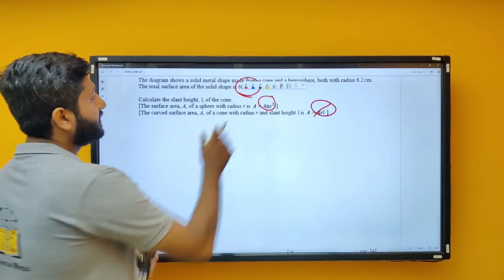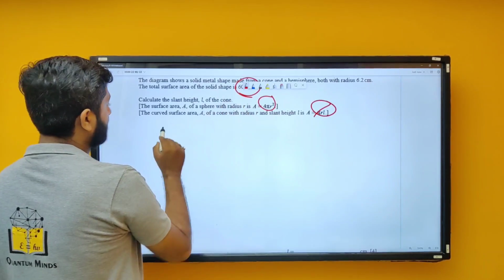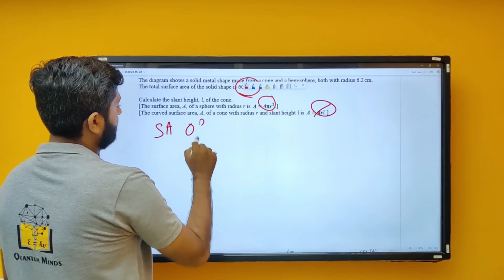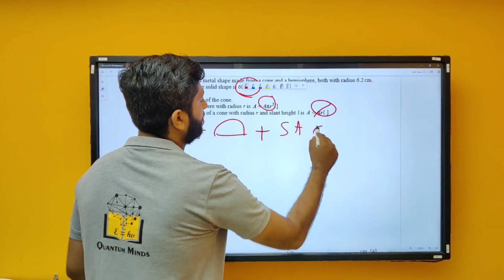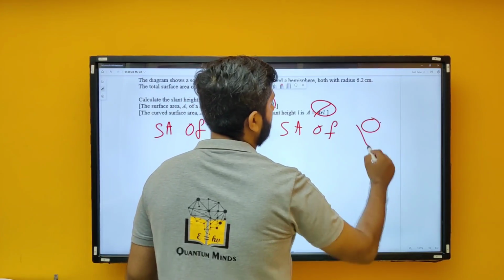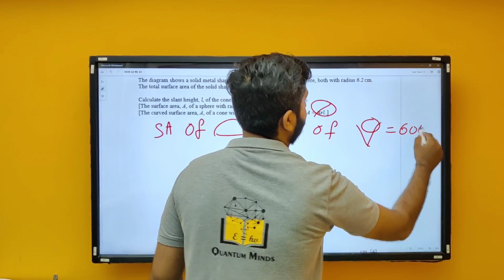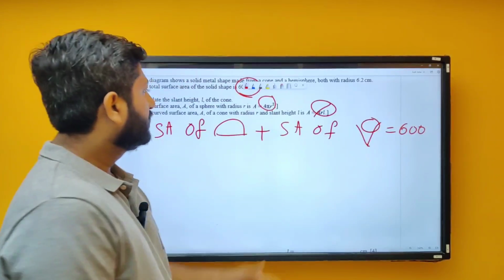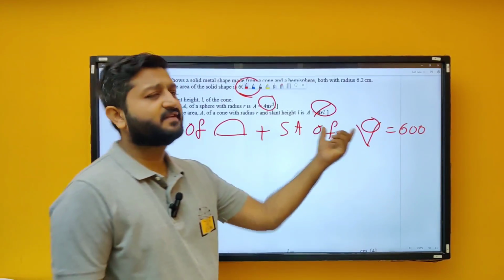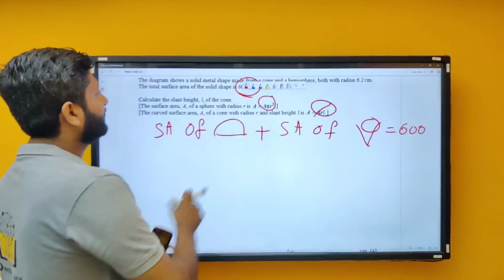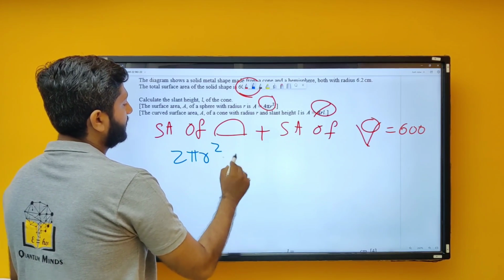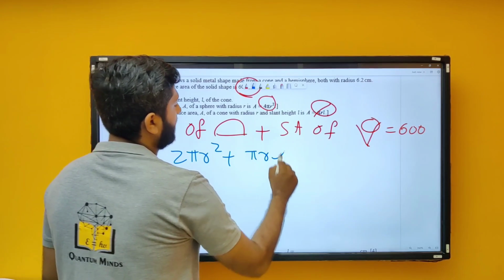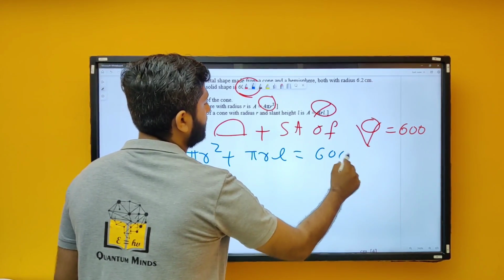So the surface area of hemisphere plus surface area of cone is 600, right? The surface area will obviously be the slant surface area. Surface area of hemisphere is 2 pi r square plus pi r L equals 600.